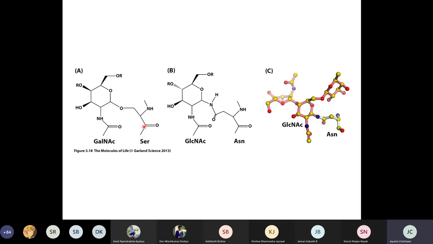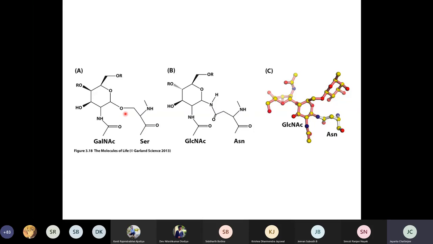So serine is an amino acid where there is a hydroxy group in the side chain. There is another amino acid which is called threonine. Okay, that also has a hydroxy group, but there is some little difference between serine and threonine. But these two amino acids undergo glycosylation, where the glycosyl group, or the glycan chain, or a single monosaccharide essentially is linked to the oxygen of these amino acids. Now, this is called O-linked glycosylation.